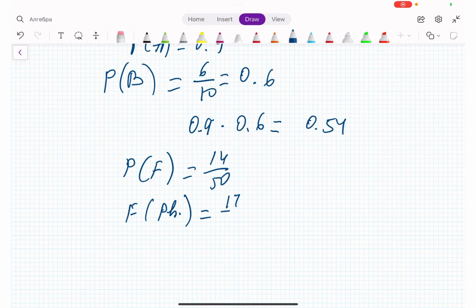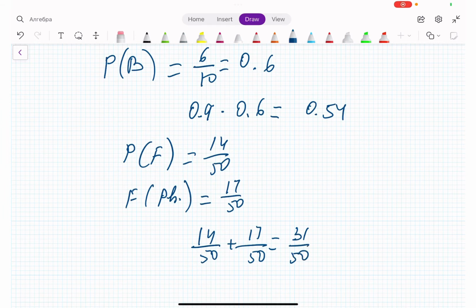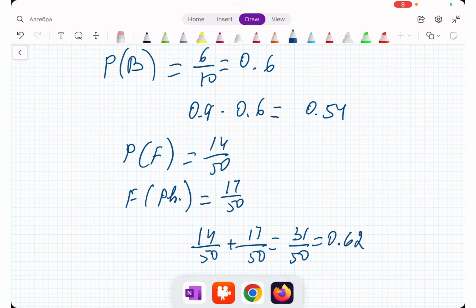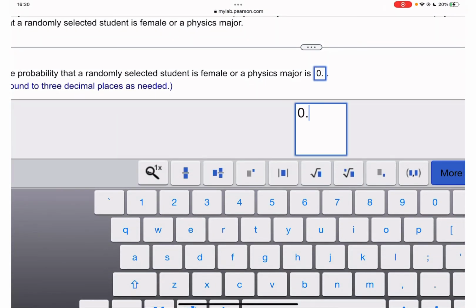Okay, 17 over 50. So because it says or, then we need to add 14 over 50 plus 17 over 50. We are going to get 31 over 50. Now let's divide 31 divided by 50, and we are going to get 0.62. Okay?